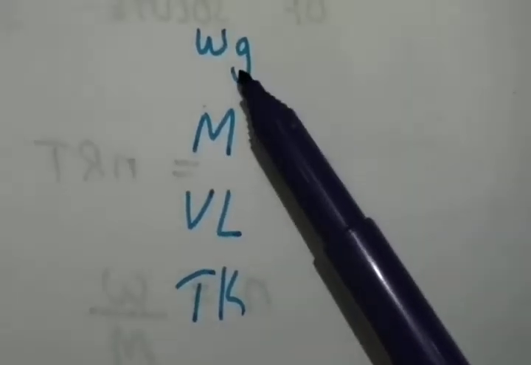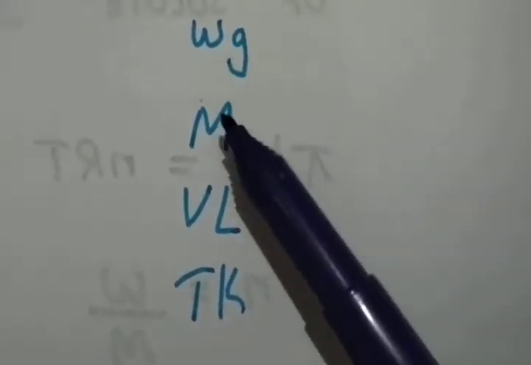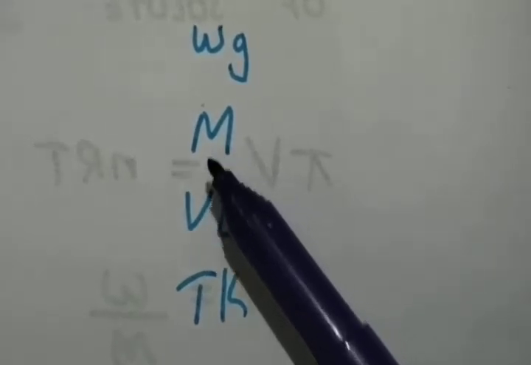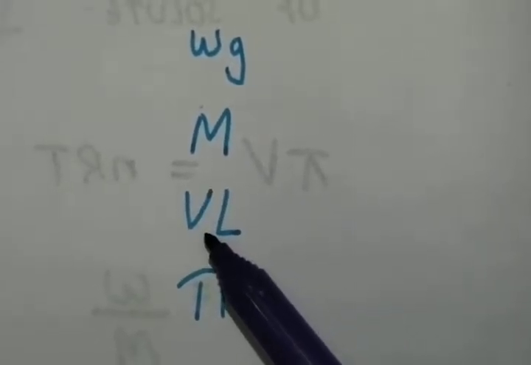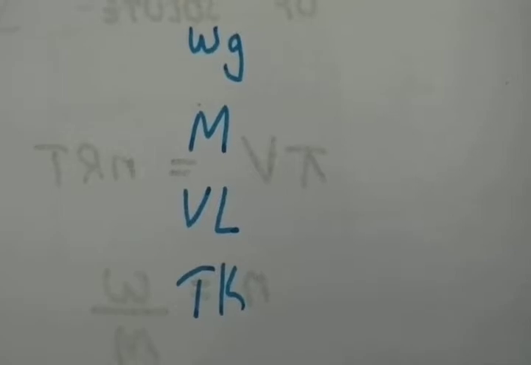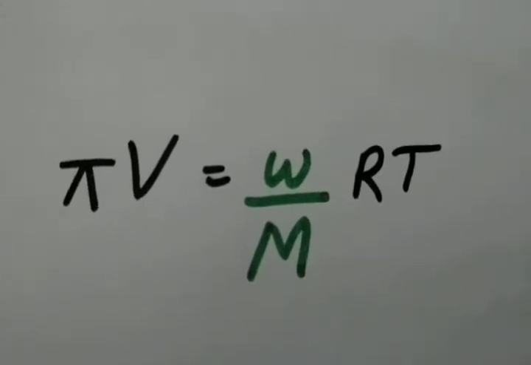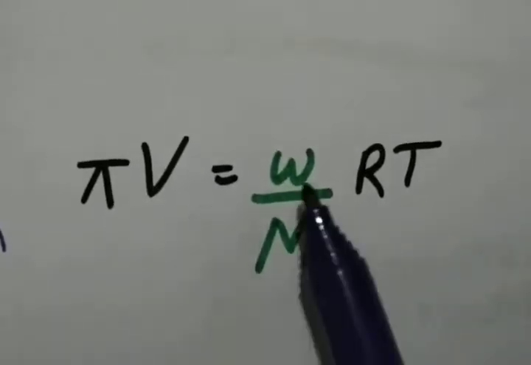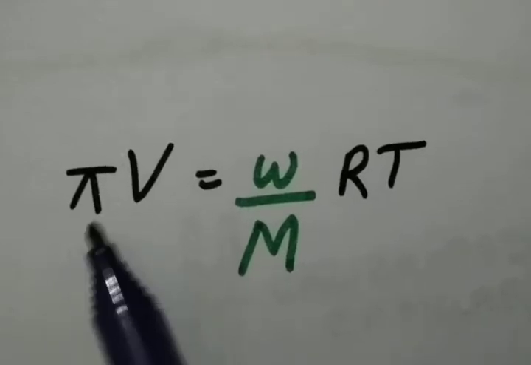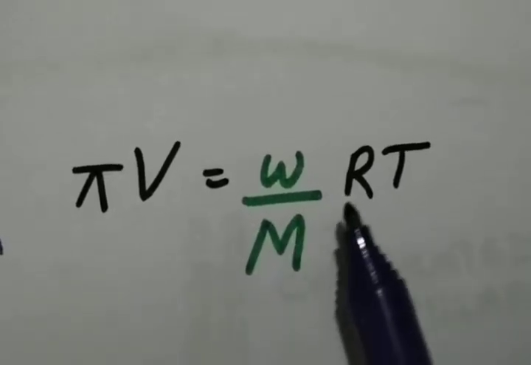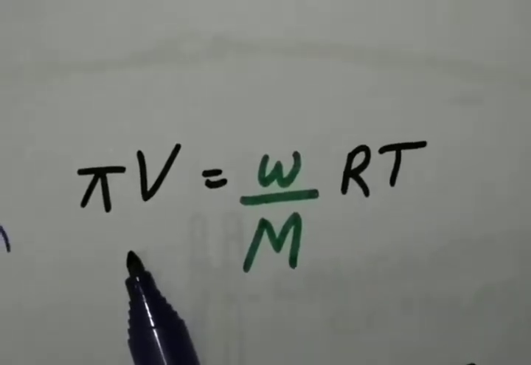If w gram of a protein of molecular mass M is present in V liters of a solution at temperature T Kelvin, then the van't Hoff equation may be written as pi V is equal to nRT, where n is w by M. So pi V is equal to w by M RT, where pi is the osmotic pressure.